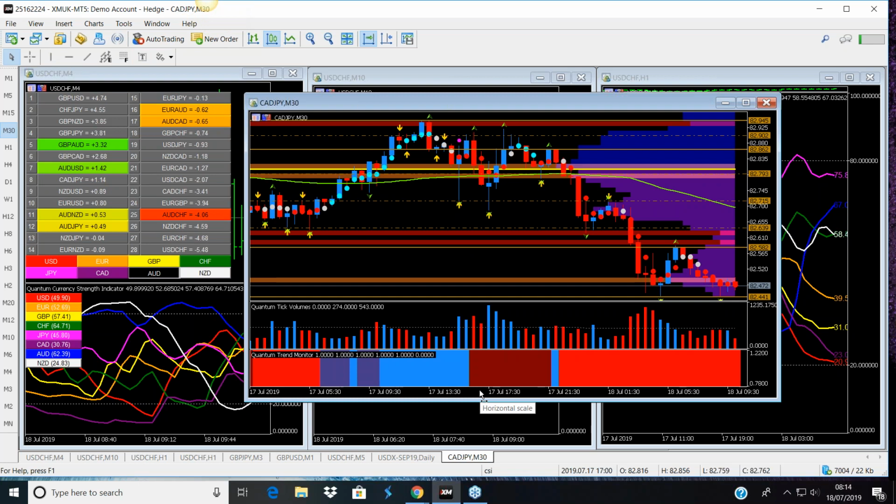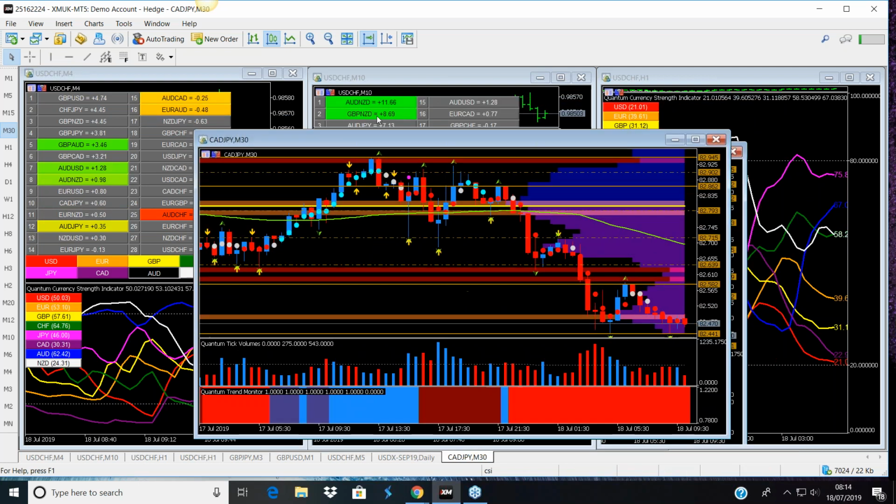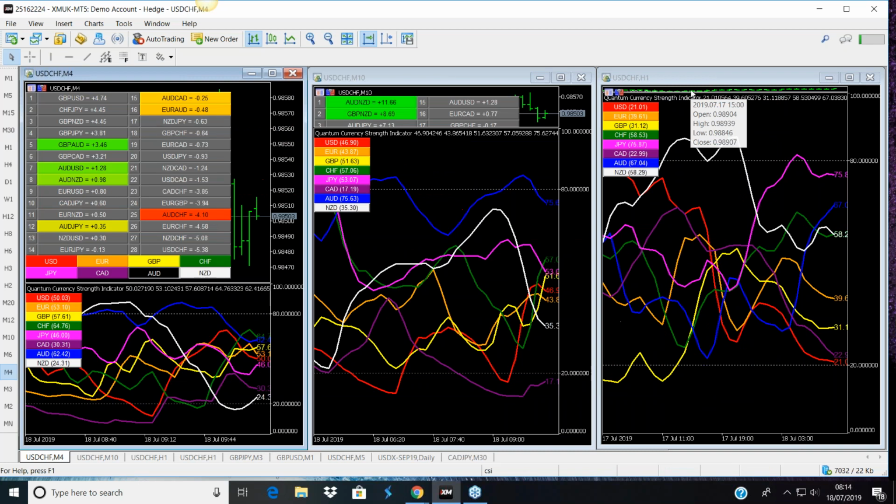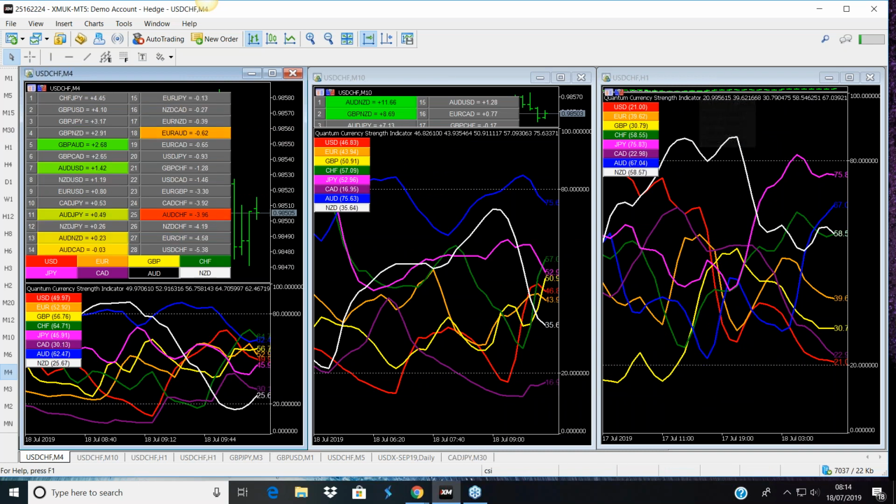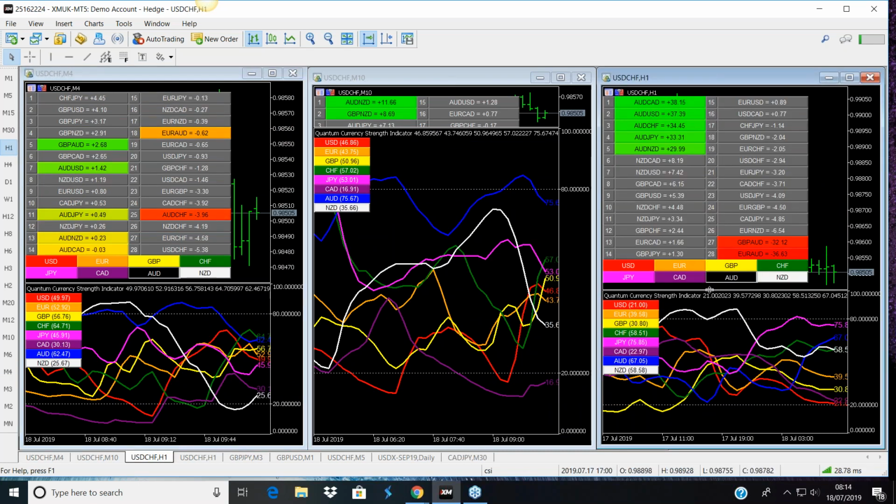And in fact, I had a whole load of them. I had the CADJPY, I had the Euro yen, I had the Aussie dollar, I had the Aussie CAD. In fact, David's got the Aussie CAD there as well, because that was at the top, as we can see here. If I just move that down, I think it's still at the top of the hourly, isn't it? Let's have a look on the matrix. Yeah, in fact, the Aussie is there.